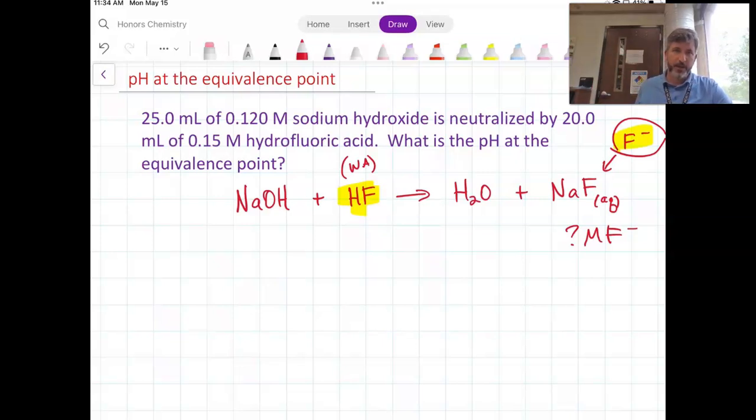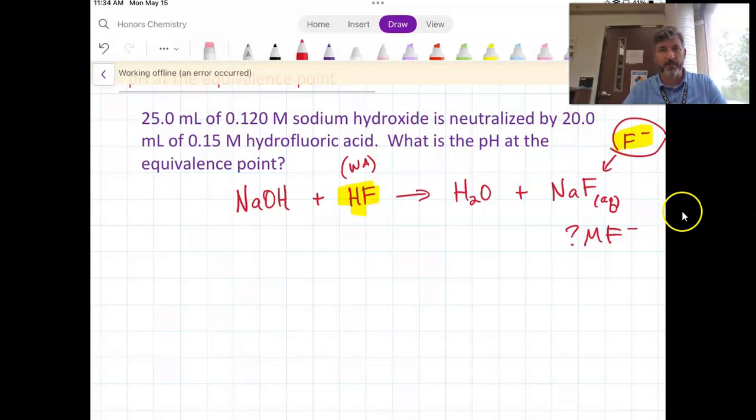The thing we have to keep in mind is that the F minus was created by reacting the acid and the base together. And since we're at the equivalence point, that means that both the acid and the base are limiting. And I can use either one to figure out how many moles of fluoride I've made.